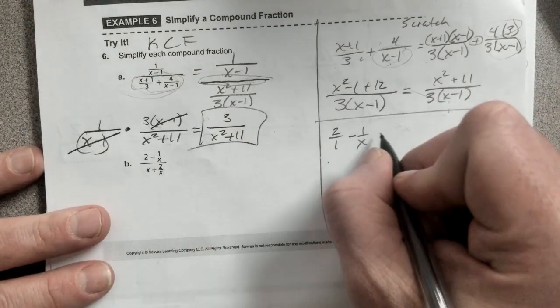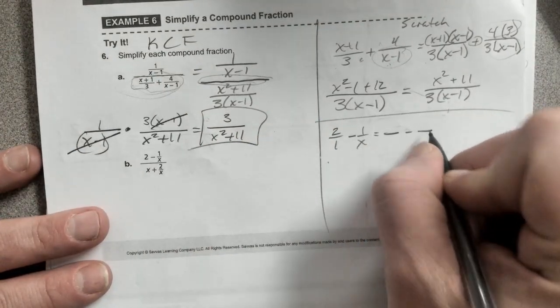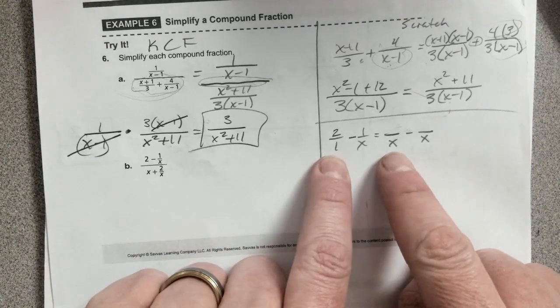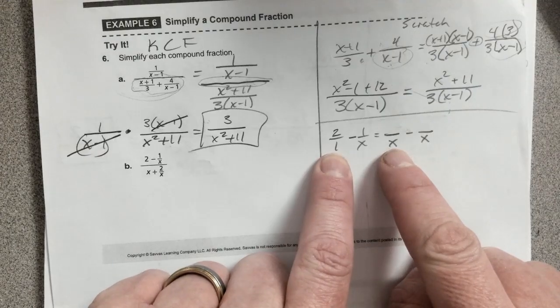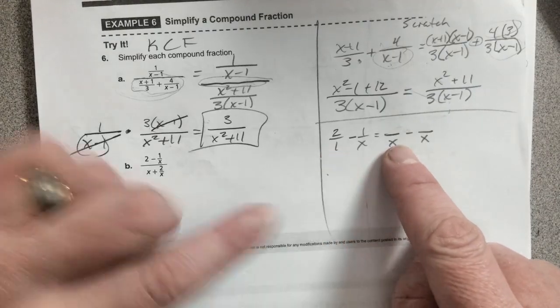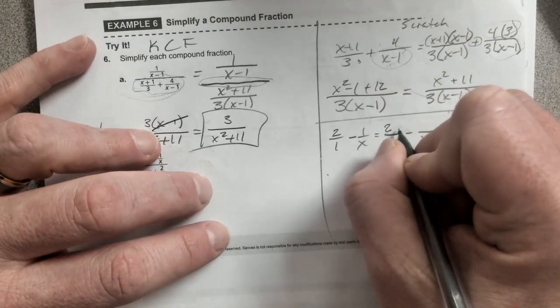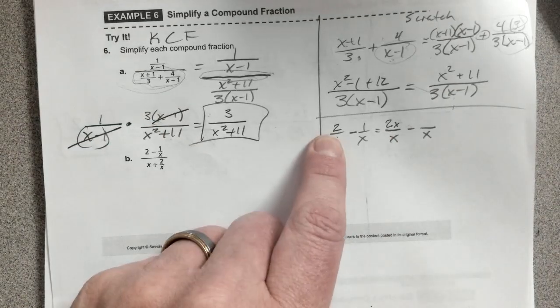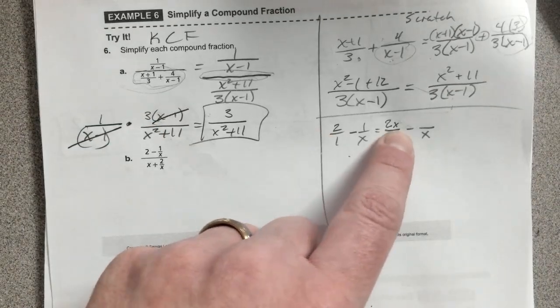So what's the common denominator? Just an x. Yeah, that's right. So my first fraction, what did I gain? I gained an x. So I start with my original and what I gained. So the original numerator was a 2 times the factor that we gained, which is x.